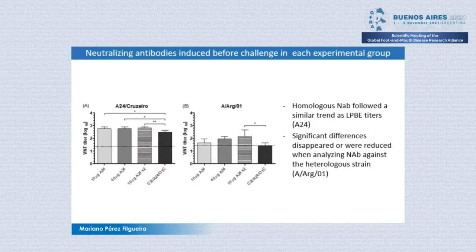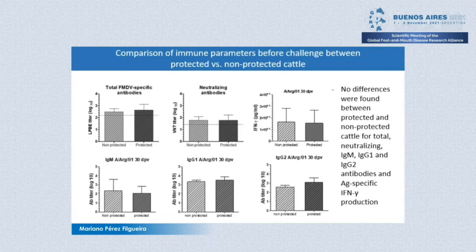So more or less the same was what we observed in the neutralizing antibodies, and most of the significant differences were lost when considered the A21. Then we decided to compare not by group but between protected and non-protected animals.